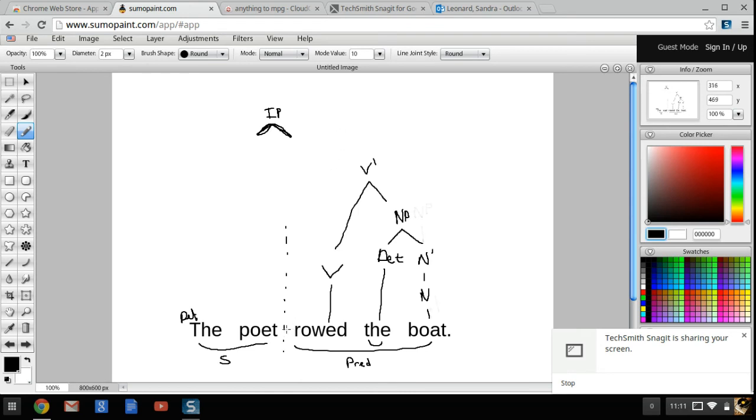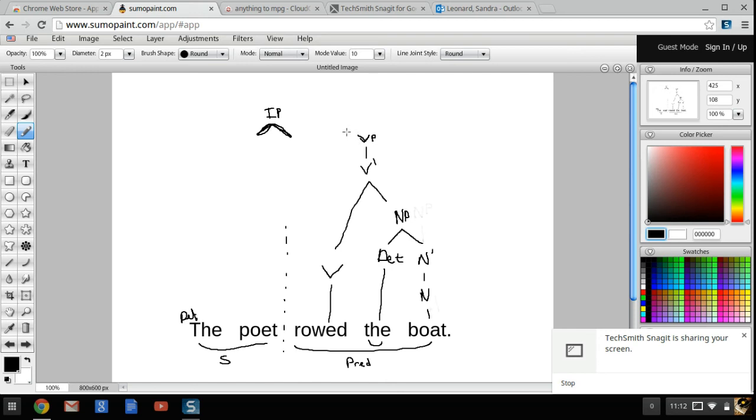That quietly would be what? It would be an adverb here, but I don't have quietly. The poet's just rowing the boat. It could be loud. So that's a verb phrase. I don't know if you can see that. That's a VP for verb phrase.